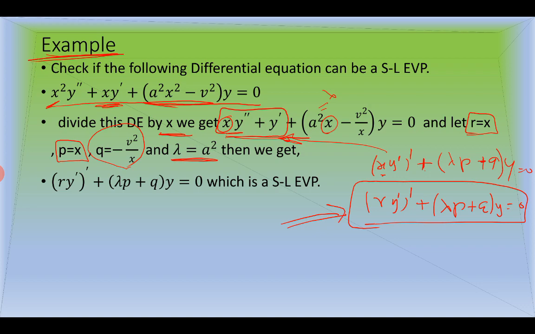This form we call the self-adjoint form, because this is also Sturm Liouville form, but when you club the first two terms using the product rule, it is called a self-adjoint form.